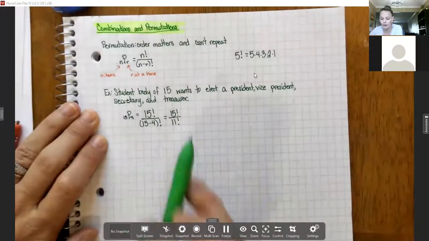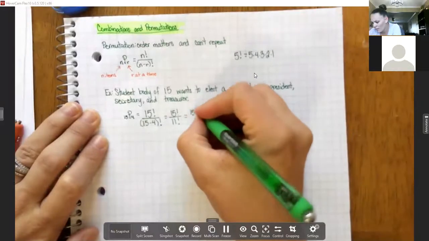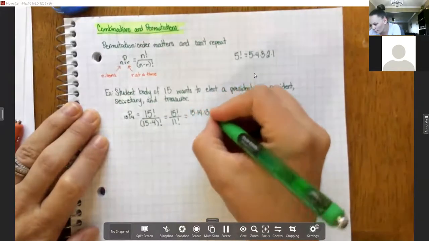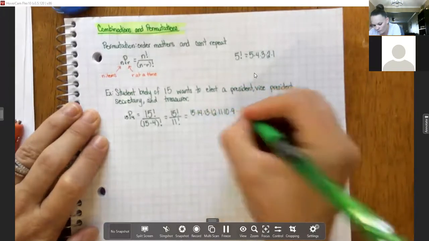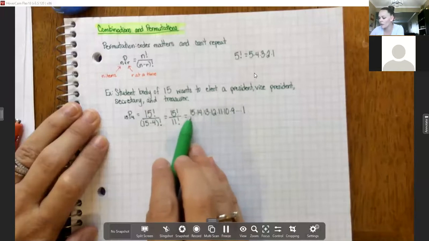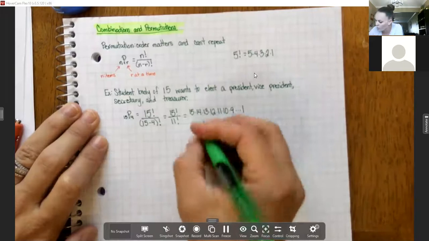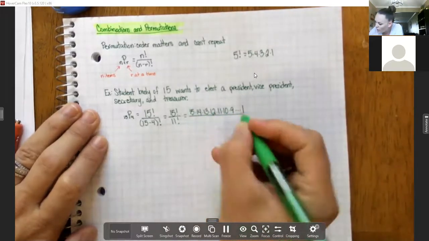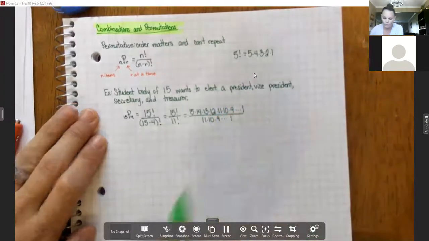I don't have my calculator here, but this isn't hard if you don't know where that button is on your calculator. So that's what 15 factorial looks like: 15 times 14 times 13 times 12 times 11 times 10 times 9 all the way to 1, divided by 11 times 10 times 9 all the way to 1.